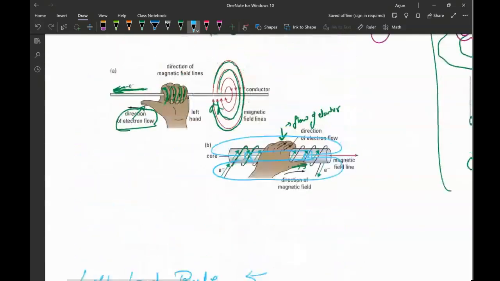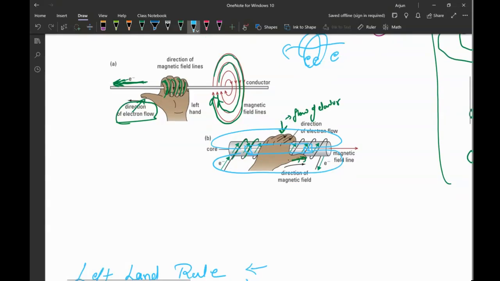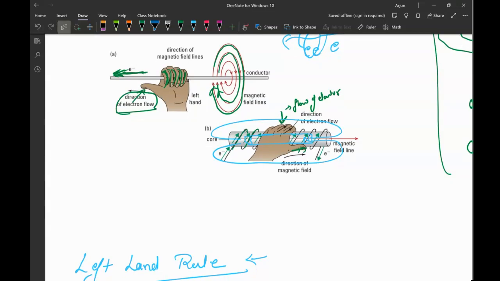In this case, there is a flow of electrons, and the flow of electrons will produce the magnetic field. We wanted to find out the direction of the magnetic field, and with the help of the left hand thumb rule, we were able to find out the direction of the magnetic field.